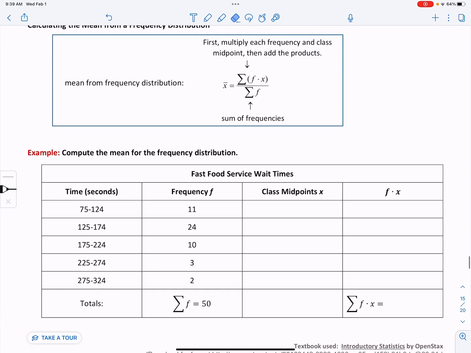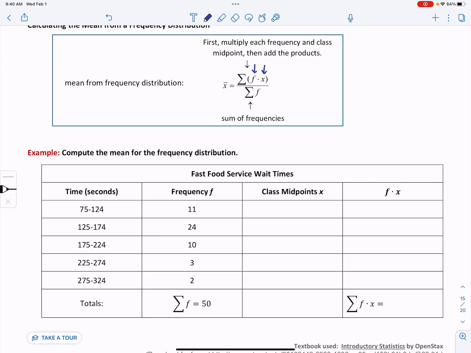To calculate the mean from a frequency distribution, we are going to take each frequency, that's the F, and every class midpoint, that's the X. We're going to find that product and add them all up.